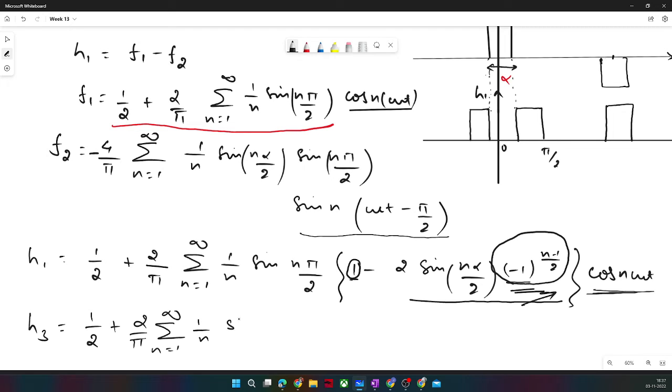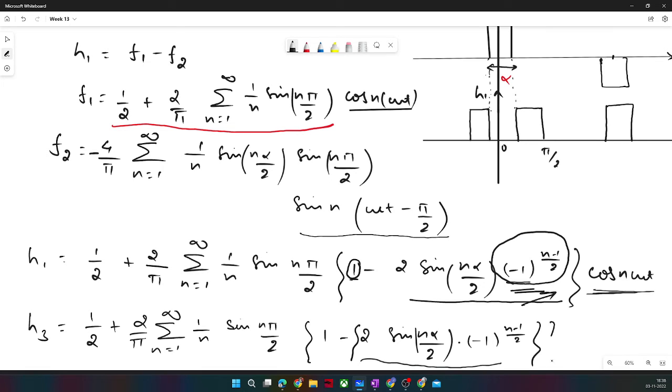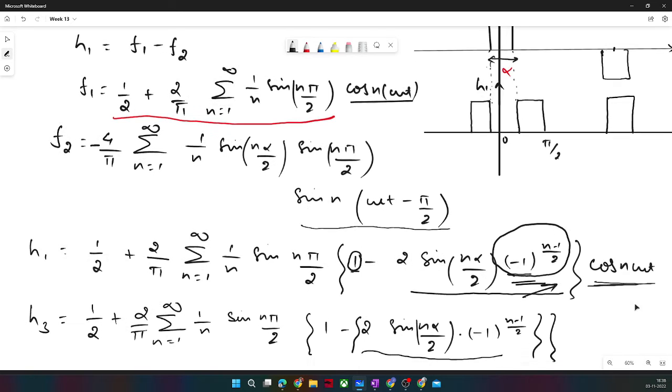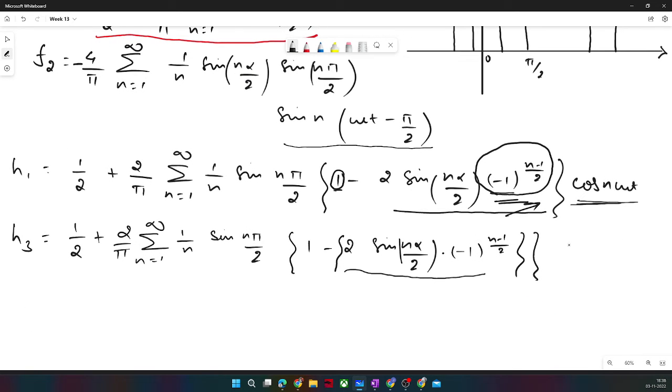So again, sine n pi by 2, 1 minus 2 sine n alpha by 2 into minus 1. This minus 1 term is multiplied with only this term, right? So this is the thing, and cos n omega t.